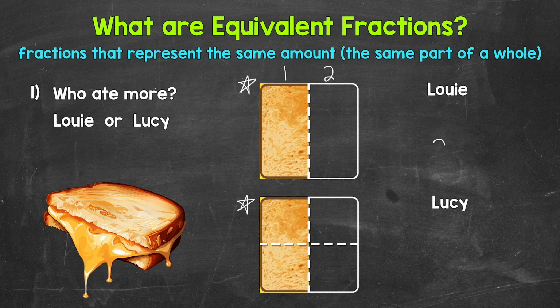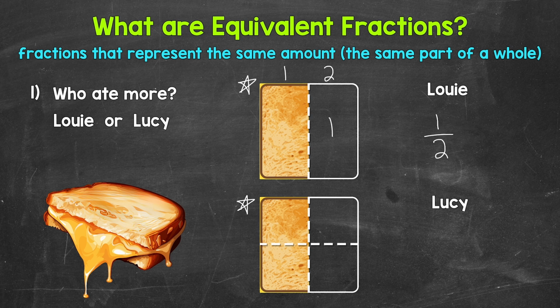So 2 is our denominator. Then Louis ate 1 of the pieces. So 1 is our numerator. Louis ate 1 piece out of the 2 total pieces. So our fraction is 1/2. Louis ate 1/2 of the grilled cheese.